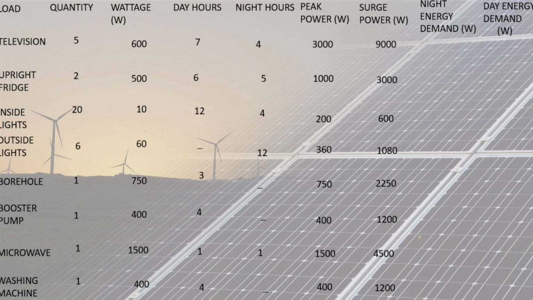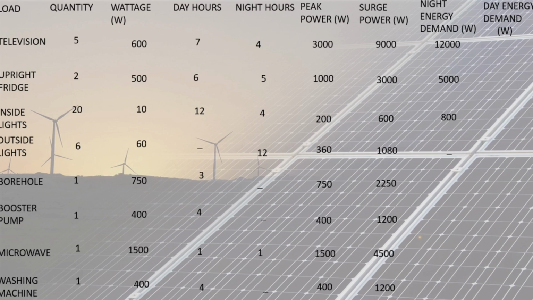So 4 multiplied by 3000, we get 12,000. And 5 multiplied by 1000, we get 5000. 4 multiplied by 200, we get 800. 12 multiplied by 360, we get nothing. Why? Because they don't work during the day.